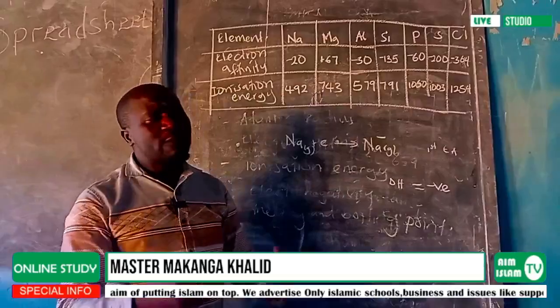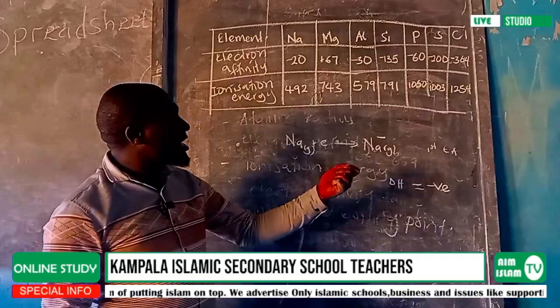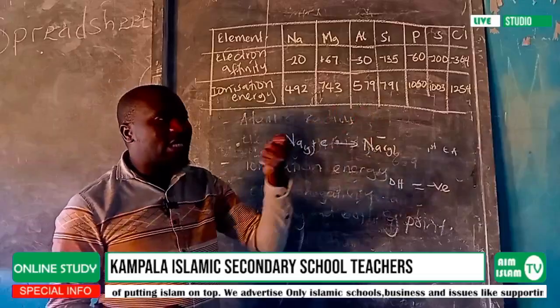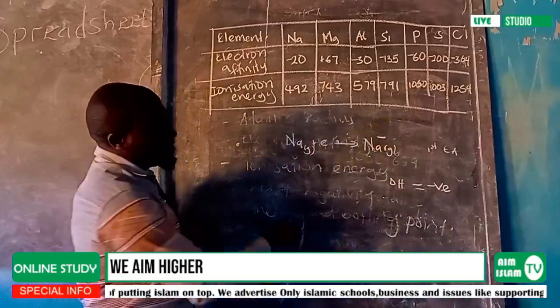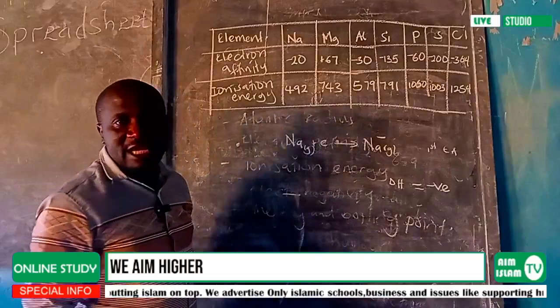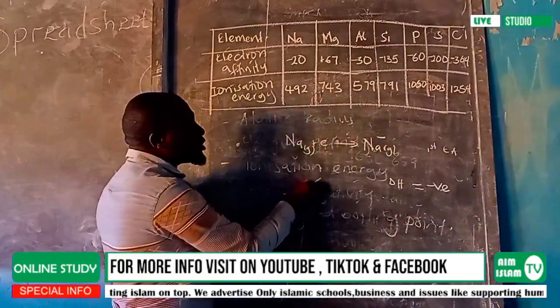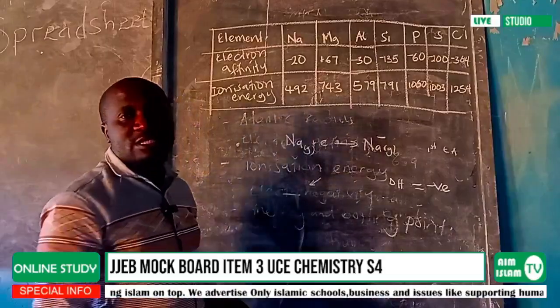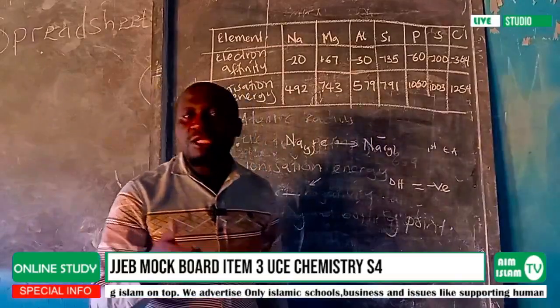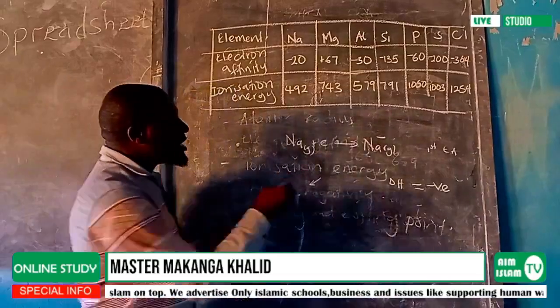And why positive? The reason is, after an element has gained an electron, it acquires a negative charge. Also, the incoming electrons, the ones that are supposed to be attracted, since electron affinity deals with the attraction of electrons, also have a negative charge.